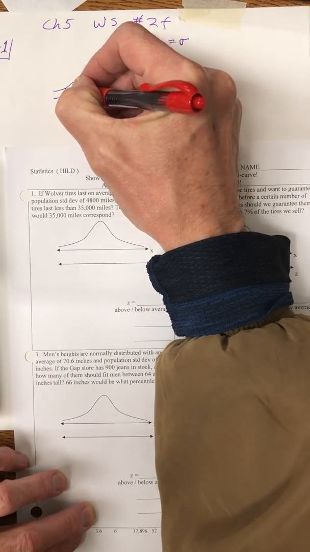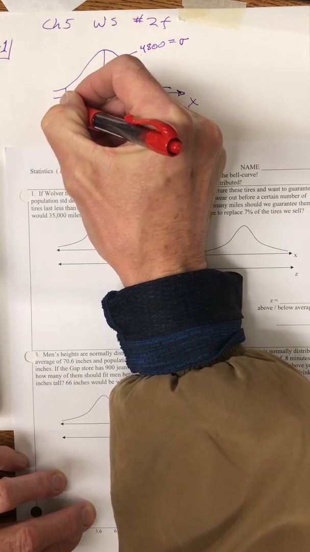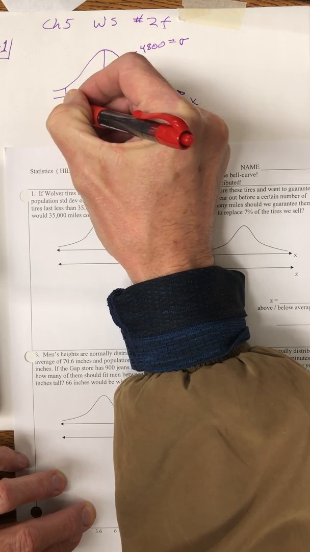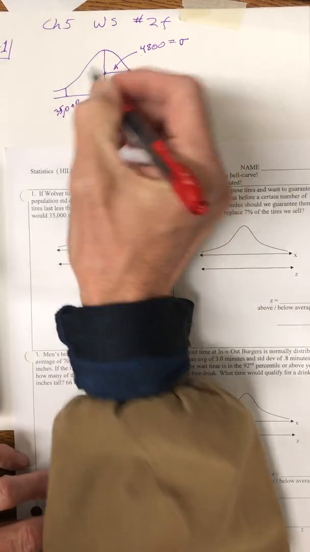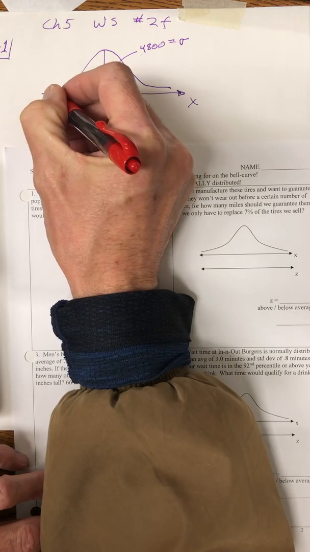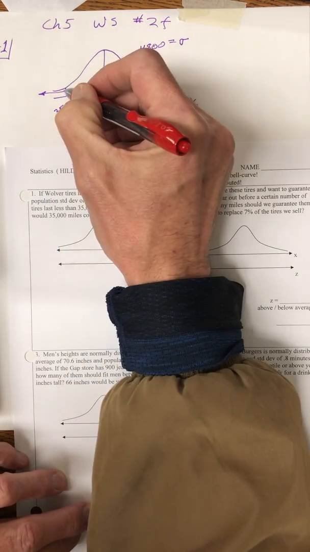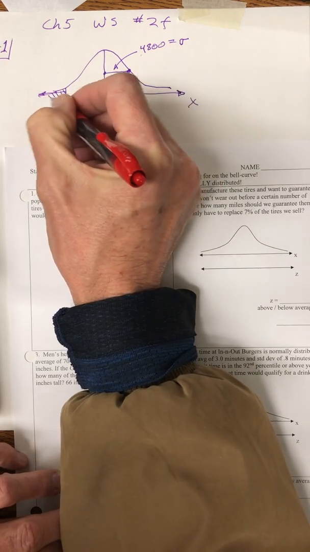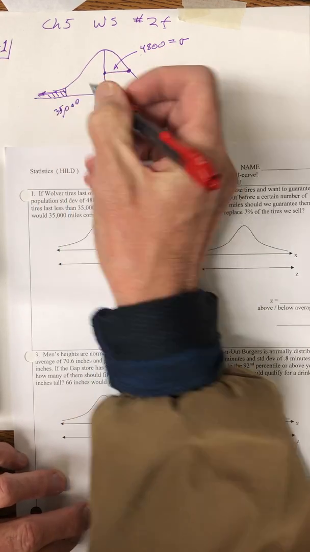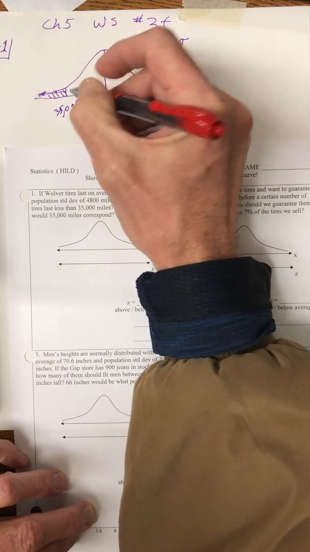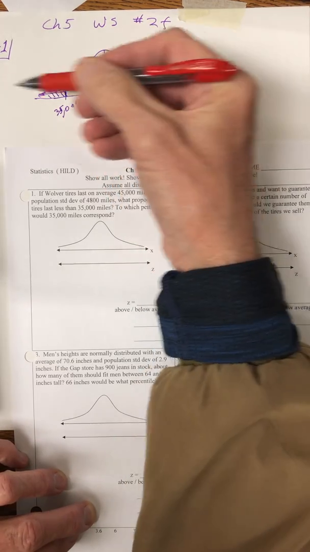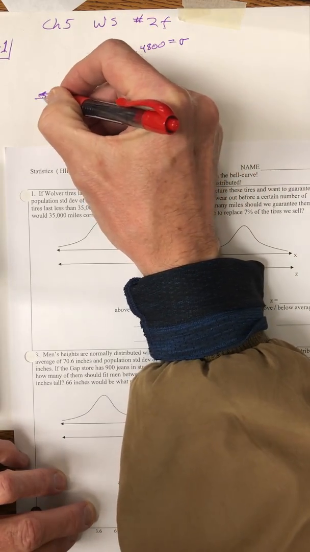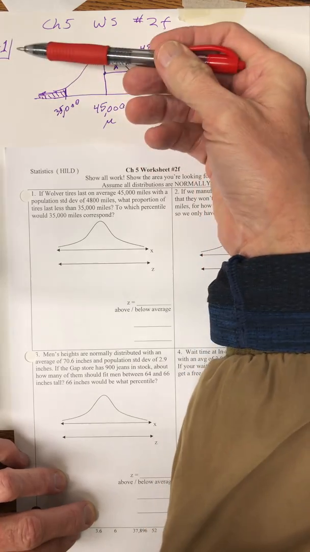So 35,000 is going to be over here someplace, and less than that is going to be below it, so from here down. We want the area, because remember, area is the same as percentage, is the same as proportion. So we want the area under the normal curve between 35,000 and all the way to the left, to negative infinity.